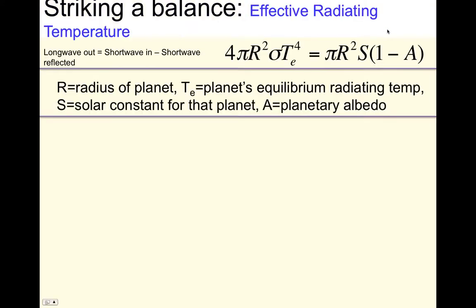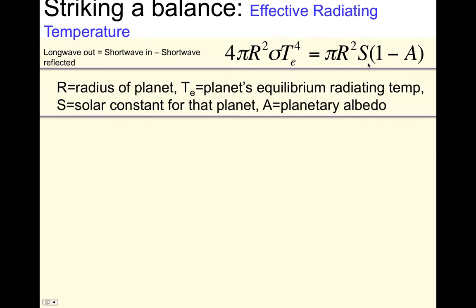So we can strike a balance here with incoming radiation absorbed on the right here, pi r squared S times 1 minus A, versus what's emitted, the whole surface area of a sphere, 4 pi r squared, times how much gets emitted per square meter, which is the Boltzmann equation, sigma T to the fourth power.